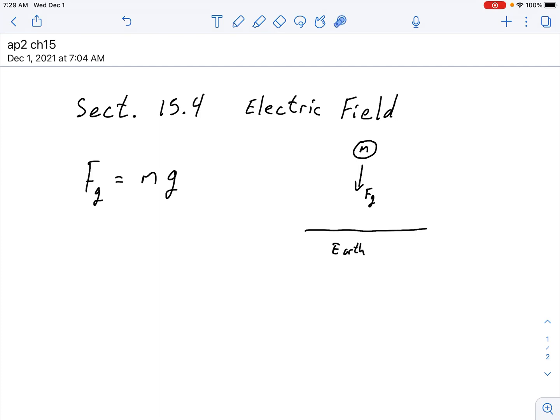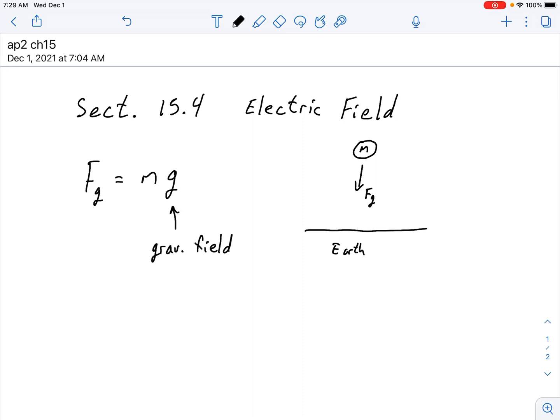So little g, we called the acceleration due to gravity, but as it turns out, there's another word for that. We could just as easily have called this the gravitational field. So acceleration due to gravity and gravitational field conceptually are the same thing. When we talk about the gravitational field exerting a force, little g is representative of the strength of that field.